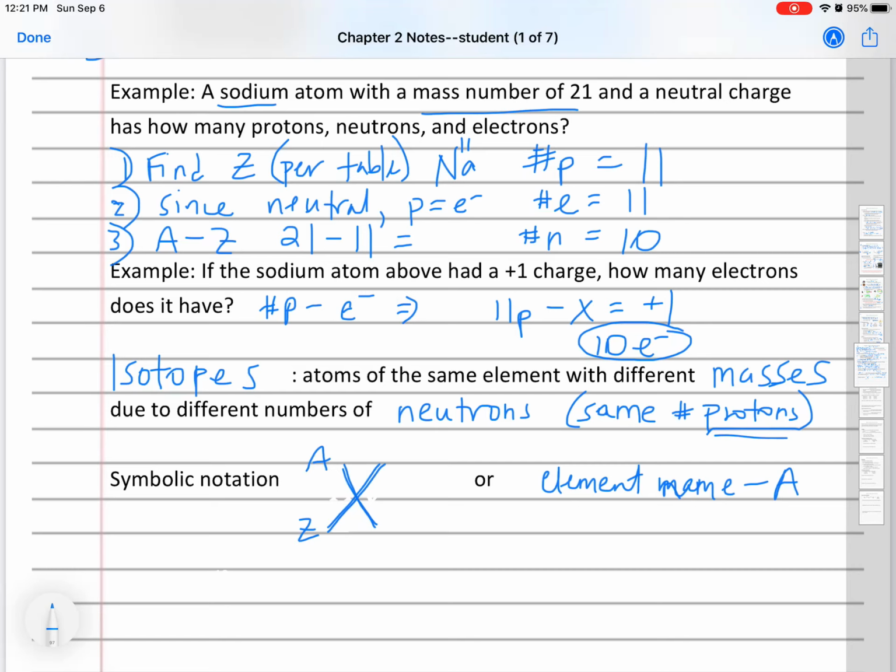So for example, we have different isotopes of carbon. So there is carbon 12, but all atoms of carbon have 6 protons. All right, there's carbon 13, but it still has a 6 as its atomic number.